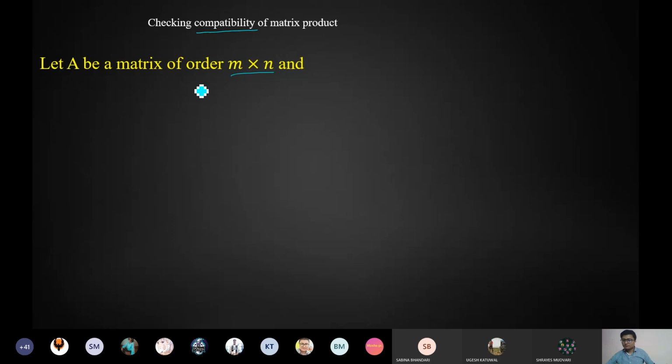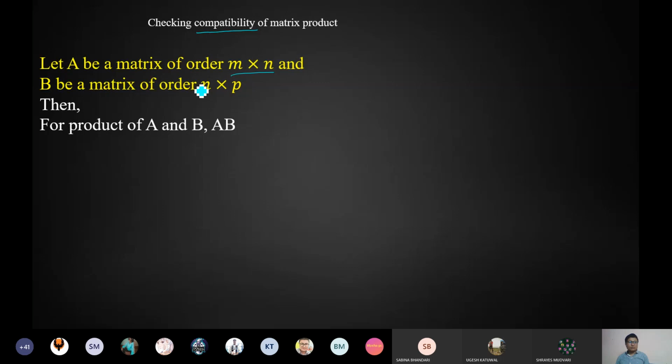I'm giving you enough time to copy it. Don't say m into n, just say m by n. And B be a matrix of order n cross p. A be a matrix of order m by n and B be a matrix of order n by p.